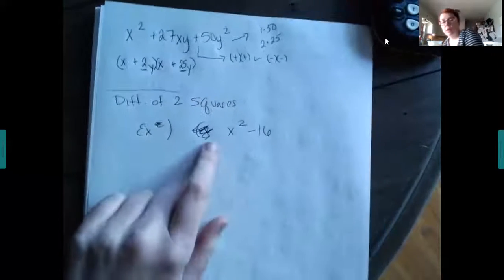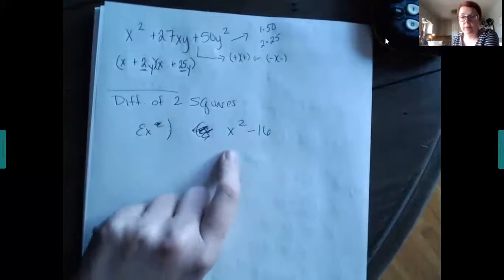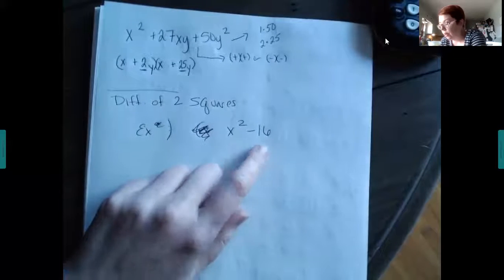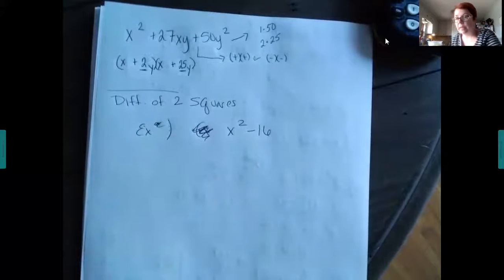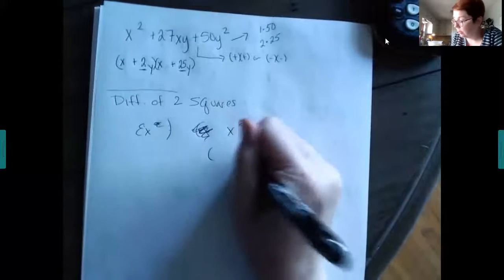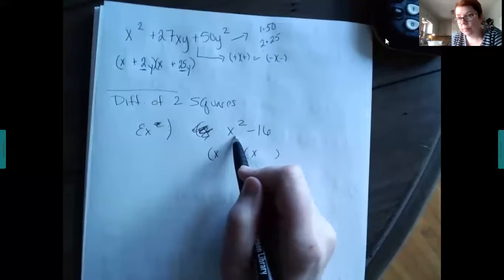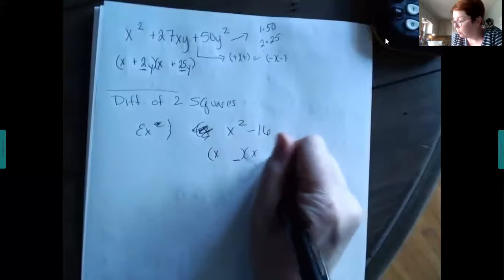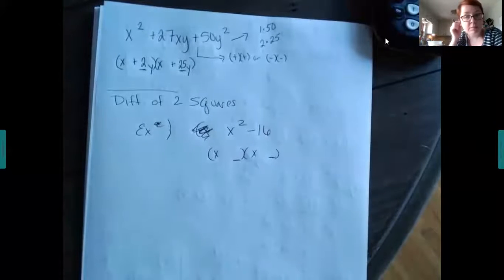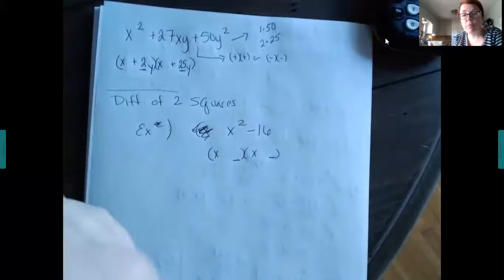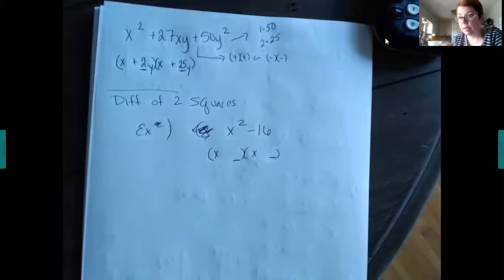Well, it doesn't look like a whole lot, right? There's only two things. They don't have anything in common, but I still did x times x to get x squared, right? So what times what gets us 16 and leaves us with no middle term, meaning it canceled out.